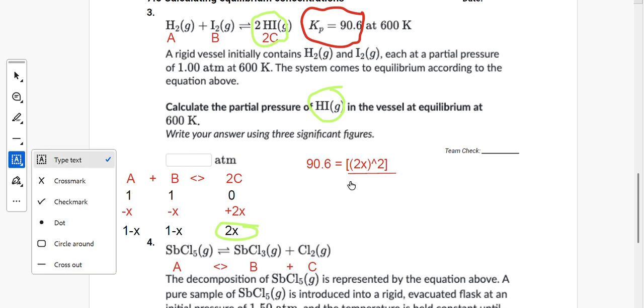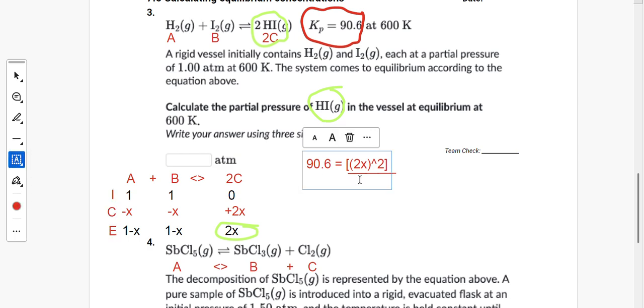So we've got 2x, and then on the bottom, for reactants, we have 1 minus x, times 1 minus x.